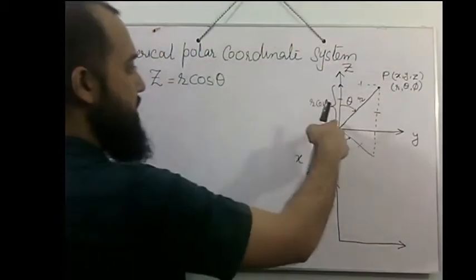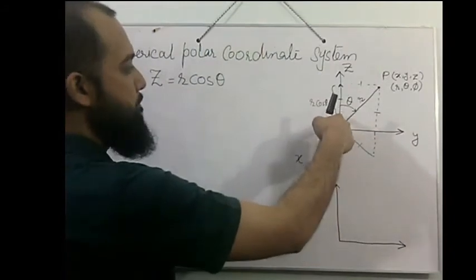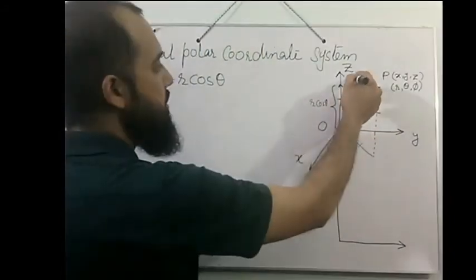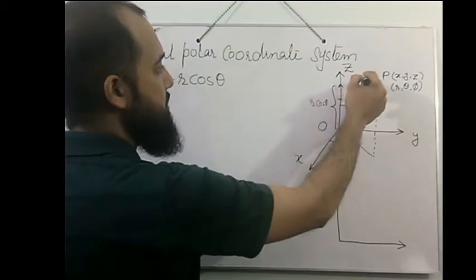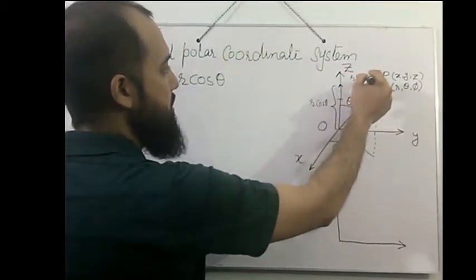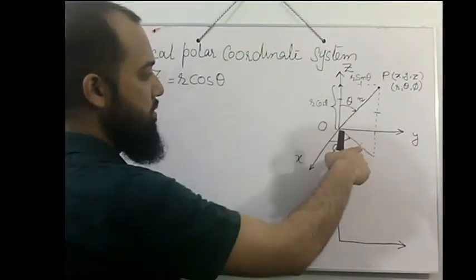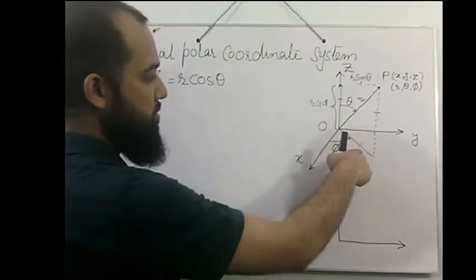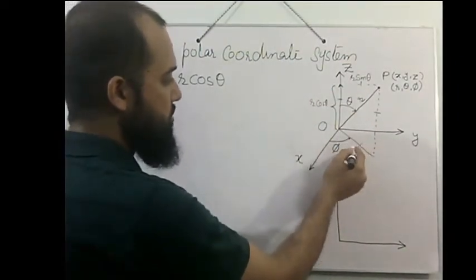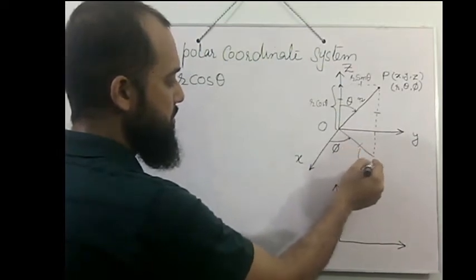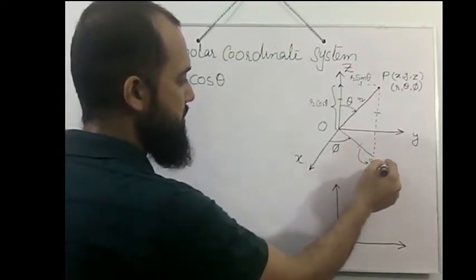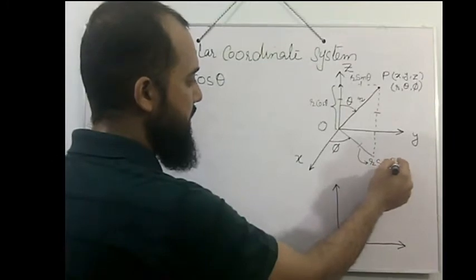So if we see, according to this theta, this line is r sin theta, and this line is equal to this one. So this one is also r sin theta.